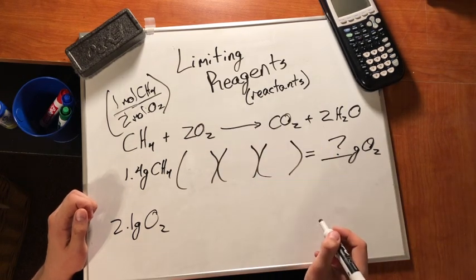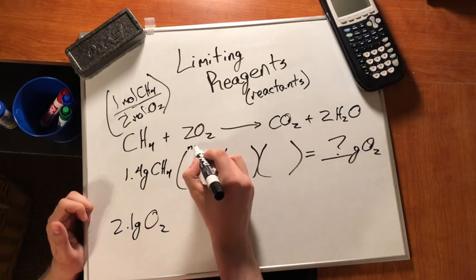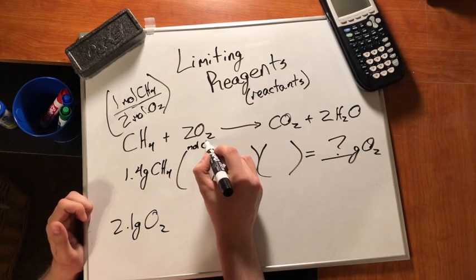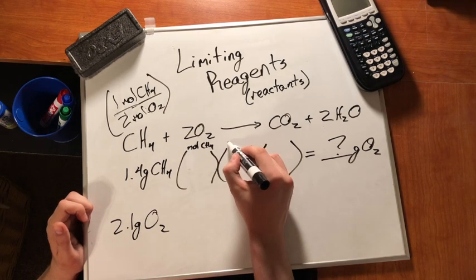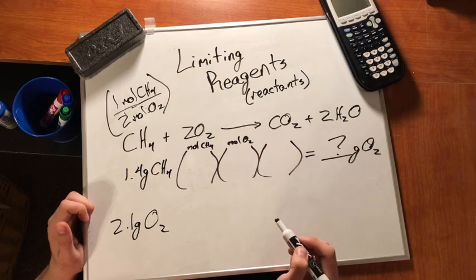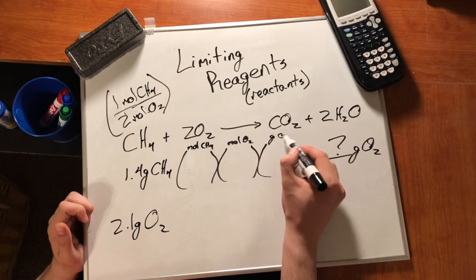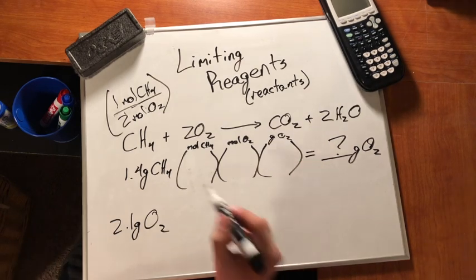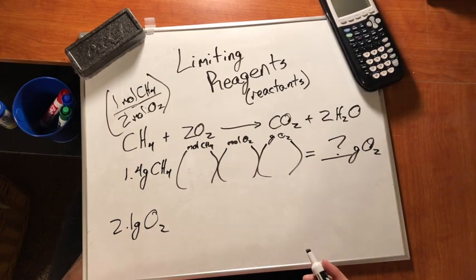We need to convert from grams of methane to moles of methane, then to moles of O2, and then from moles of O2 to grams of O2. These are the 3 conversions we need to do in order to figure this out.